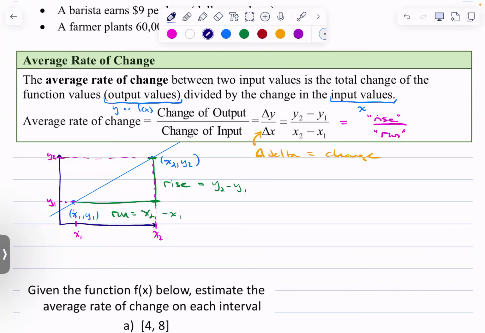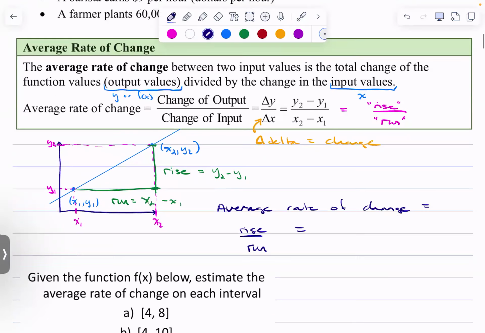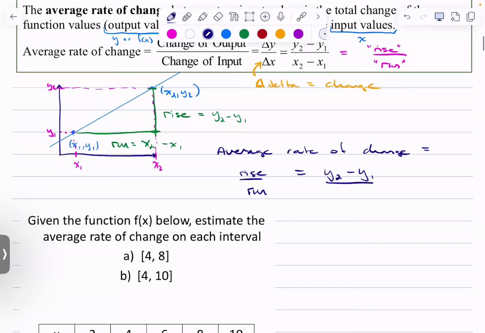So then the average rate of change, which is so long to write, is equal to the rise over run, which is really equal to y2 minus y1 over x2 minus x1.